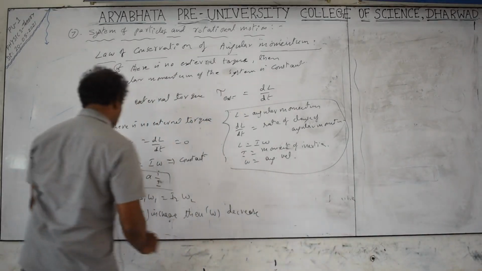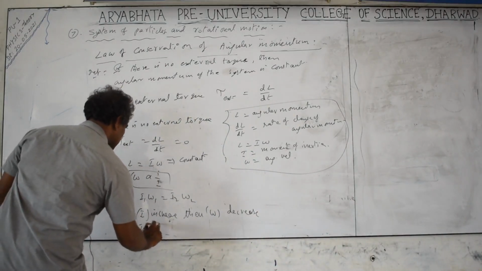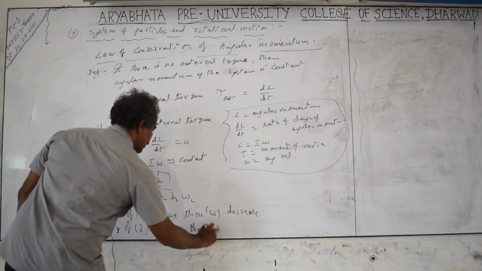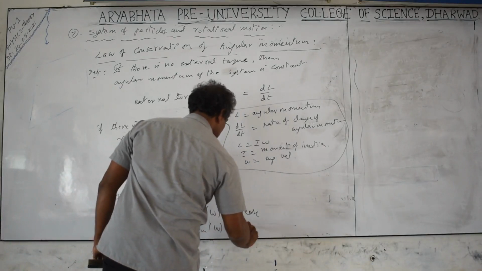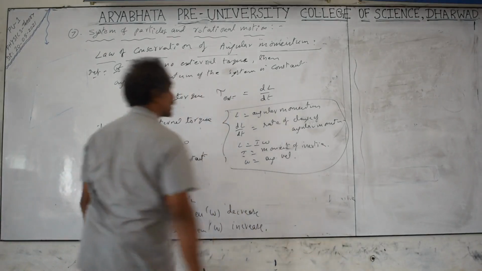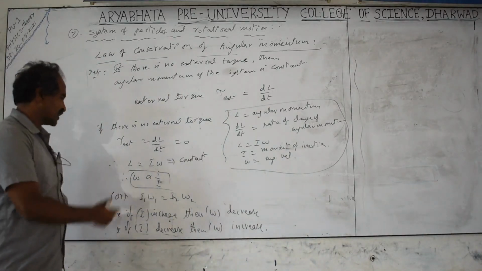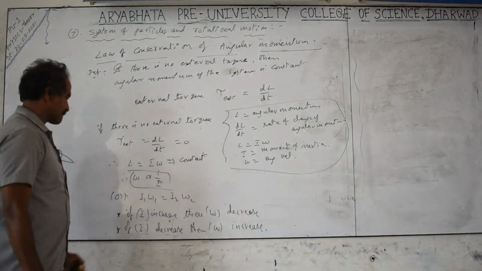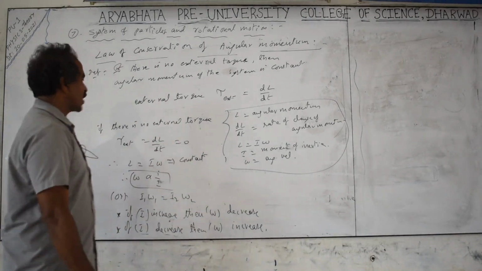Vice versa means if I decreases, then omega increases. Moment of inertia decrease means omega increase. I will explain the examples of how it changes. Condition is that there is no external torque.